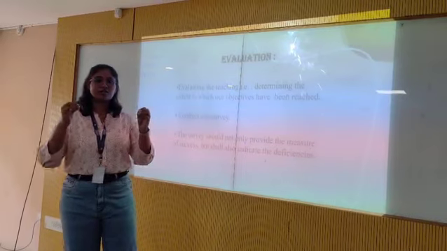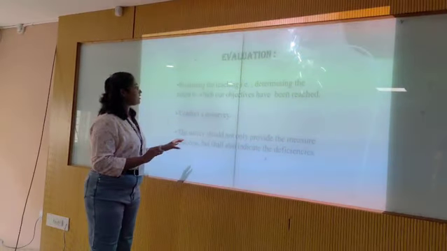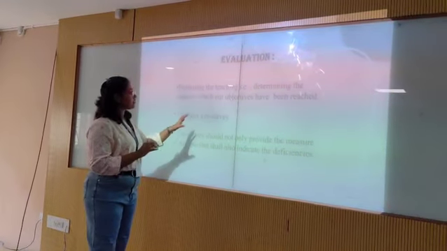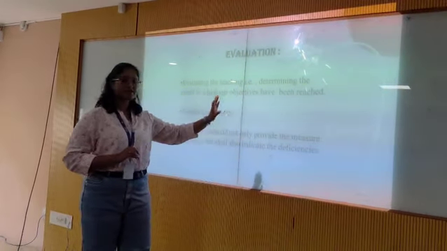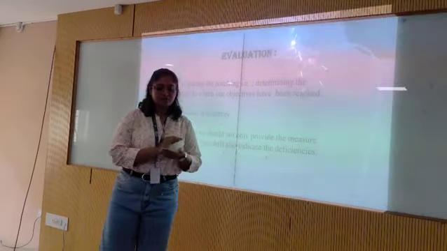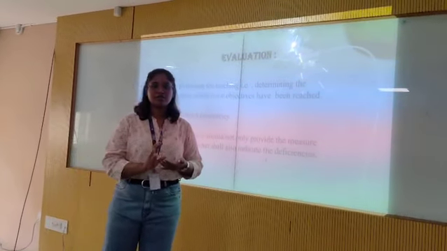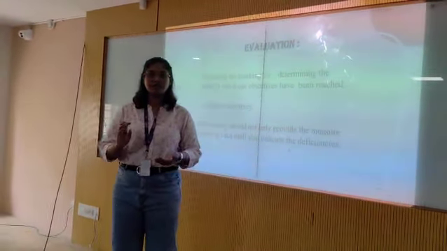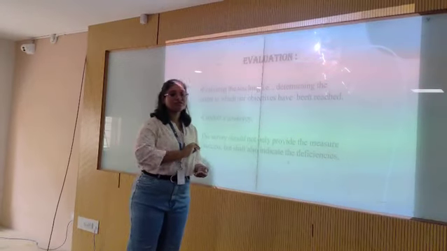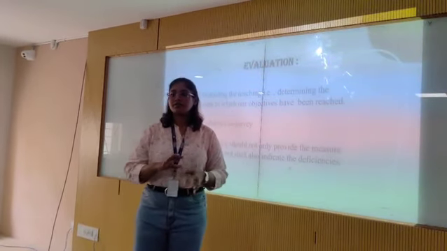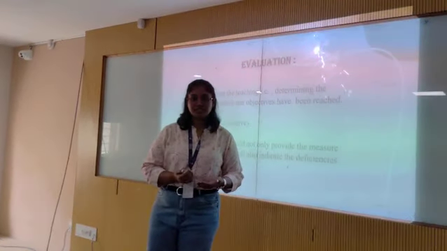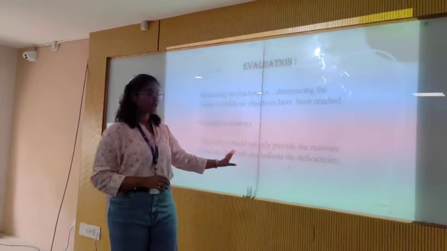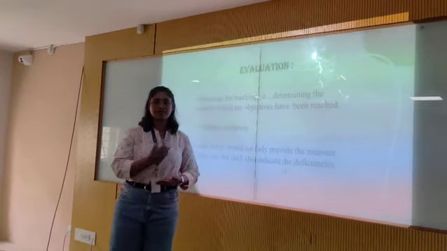It is the duty of the extension worker to check whether the determined objectives have been reached. We want a 25% increase in the yield, so whether it is achieved or not, it is the duty of the extension worker to visit the farms regularly and note down the loopholes, the deficiencies in the current situation, and what improvements can be made.